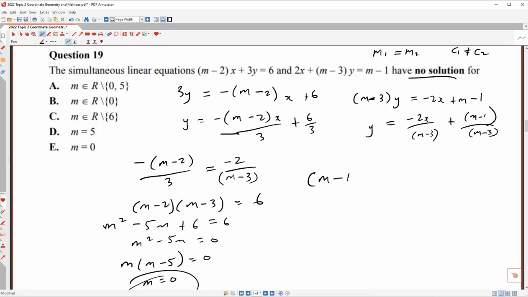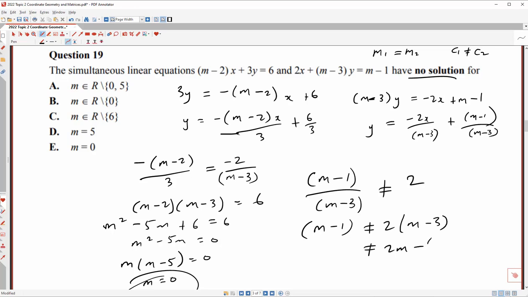So m take 1 over m take 3 can't be the same as 6 on 3, which is 2. m take 1 not equal to 2 times m take 3, 2m take 6, m take 1, what is it, m not equal to 5.